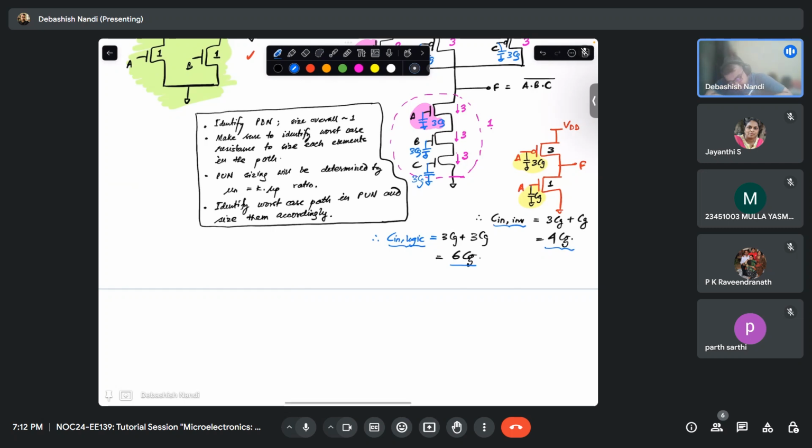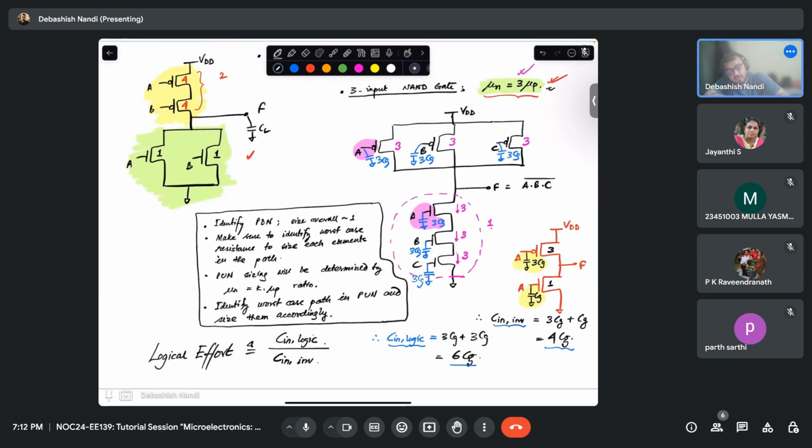So your logical effort is defined as C in logic divided by C in inverter. Remember that this inverter and logic are based upon the same mobility ratio.